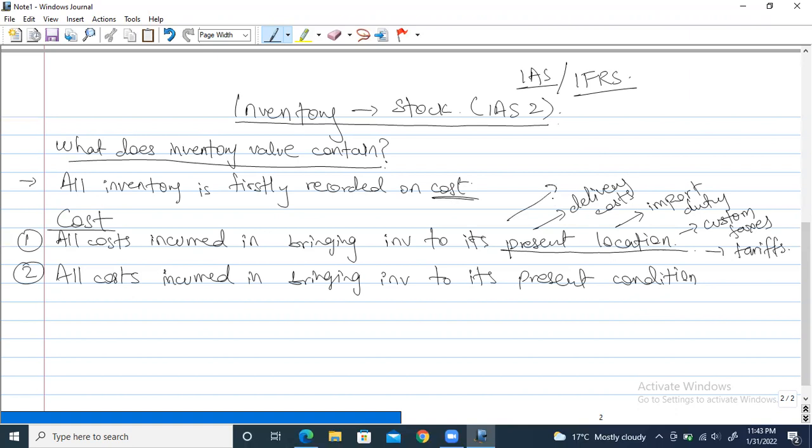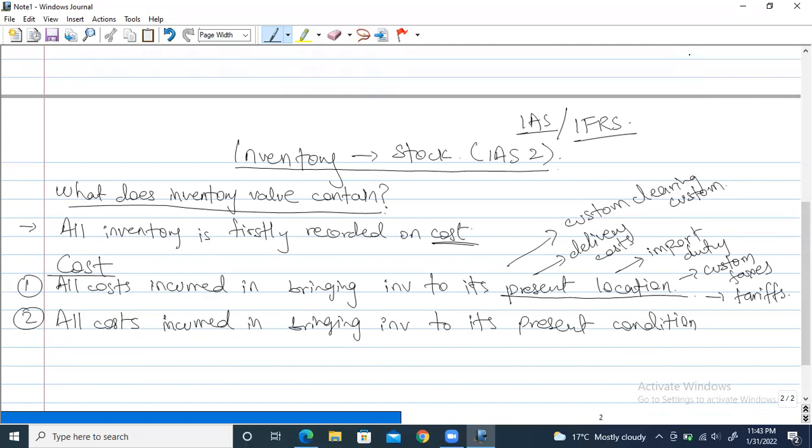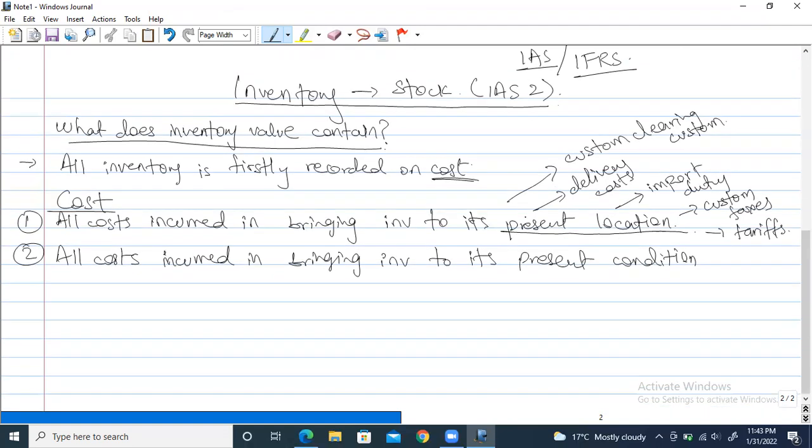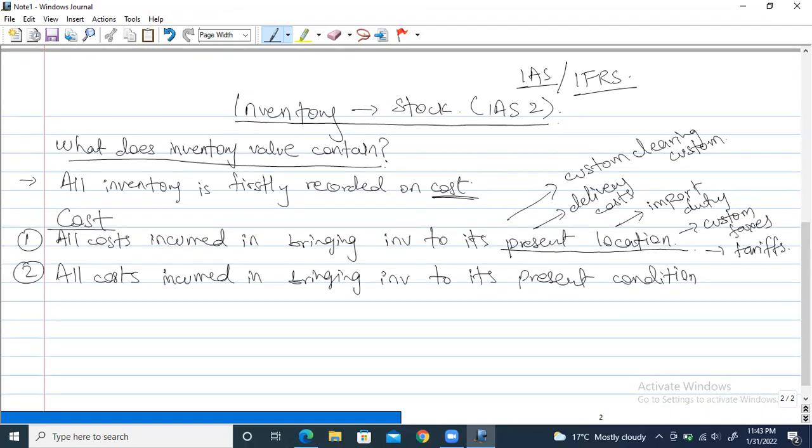In some countries, there is a customs clearing agent that clears their customs. Customs is when they ask at the airport what things this has and what it contains. All the investigation that is done is incurred for inventory to bring it to its present location.